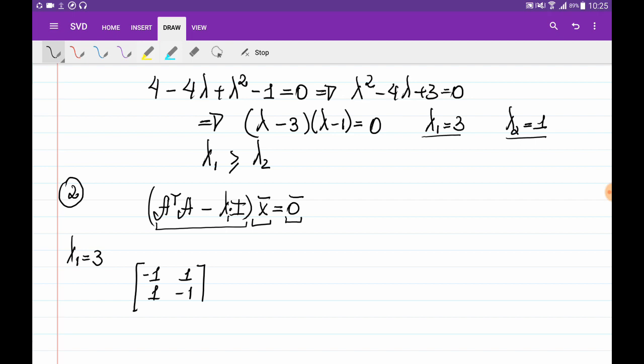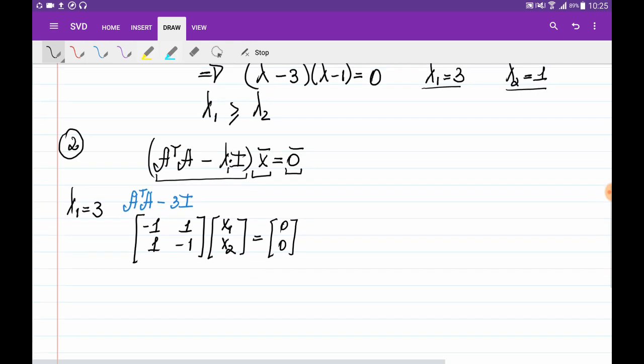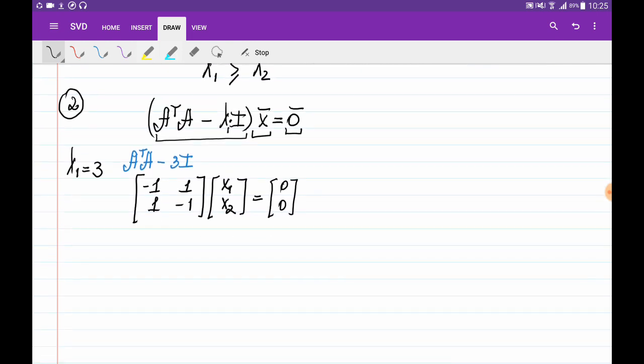So this matrix is obtained by just subtracting 3 from the diagonal entries of A transpose A. If we multiply this to some vector with the components x1 and x2, it should be the 0 vector, and we need to find all possible vectors with the components x1 and x2. So basically, we need to find the null space of this matrix. In order to do this, we do the reduction by just adding the first row to the second row.